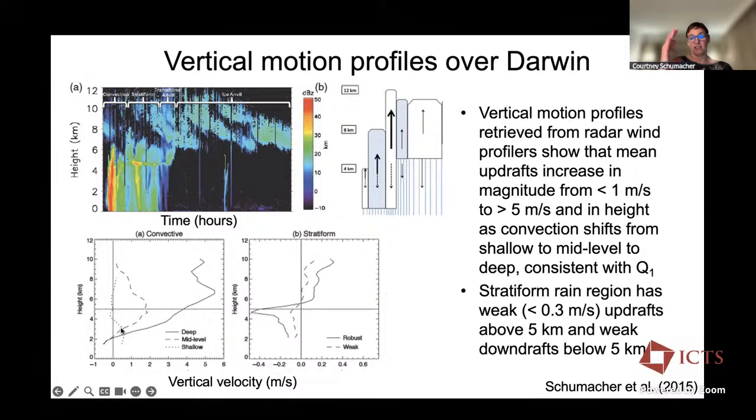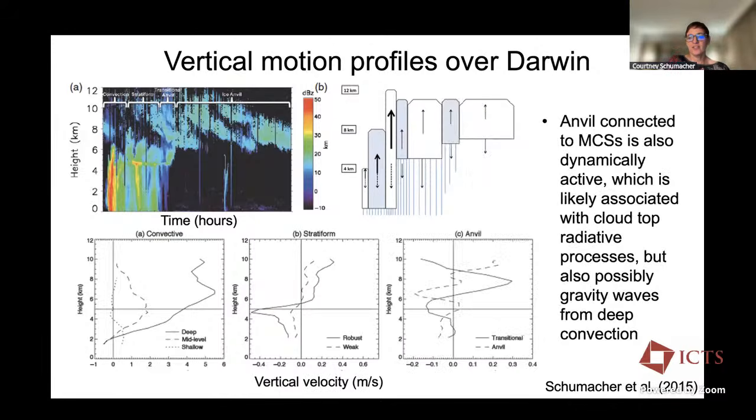As things get stronger, you might have 1 meter per second for shallow convection, more like 2 meters per second in the cumulus congestus, and then 5, 10, 15 meters per second in the deep convection. The stratiform regions are a lot weaker, with less than 3.3 meters per second in any of the stratiform regions. And then you actually have downward motion below that, where the evaporation is happening.